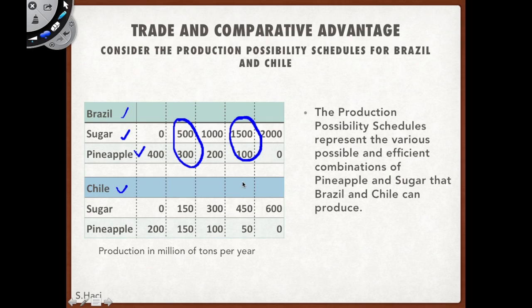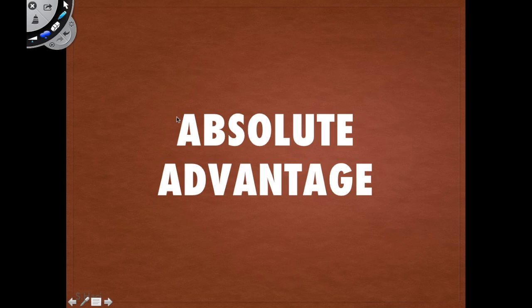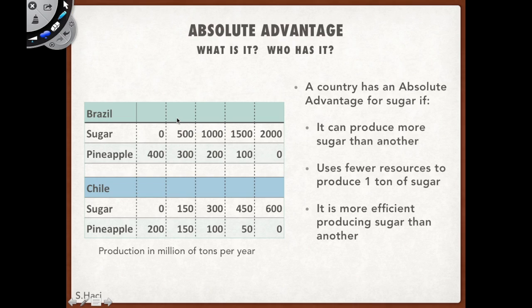Same thing for Chile. Now you can be asked a question about absolute advantage. So what is absolute advantage? And in this case, which country has an absolute advantage? To determine that, you need to look at how much each country can produce. So for Brazil, they could produce a maximum of 2,000 million tons of sugar, while Chile produces 600.